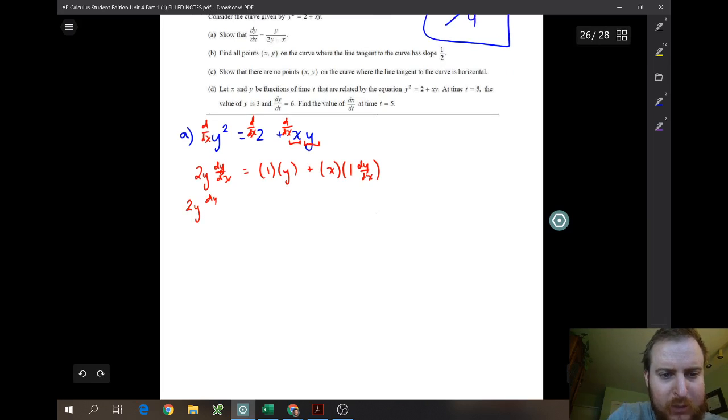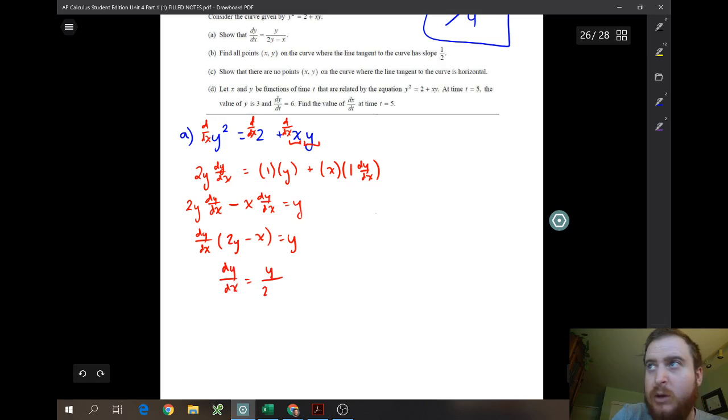So 2y dy/dx minus x dy/dx equals y. Then we can factor out a dy/dx. And that gives us 2y minus x equals y. And then we can divide. We get dy/dx equals y over 2y minus x.